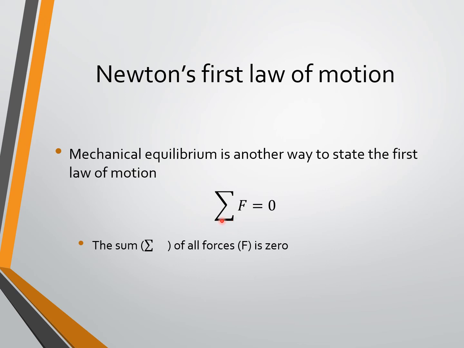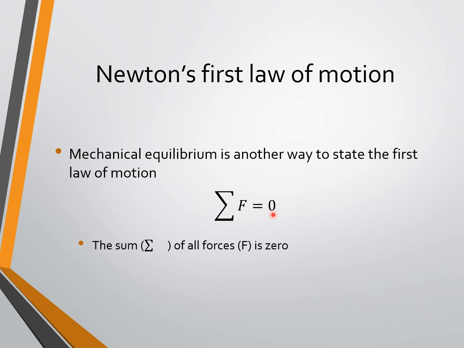So this big thing here is a capital sigma. So this is a Greek letter. And basically what it means is we want to add up all of the forces, or add up everything, which in this case, we want to add up all the F's, which corresponds to forces. And in Newton's first law, we want that value to be equal to 0.